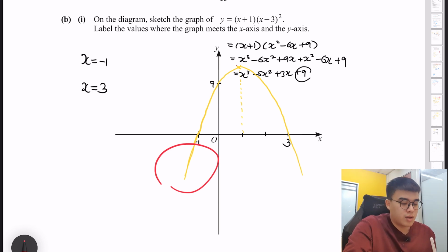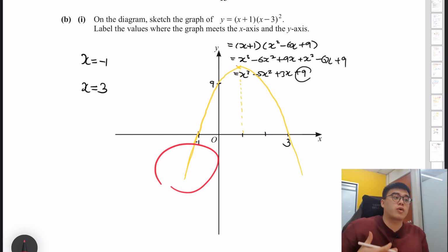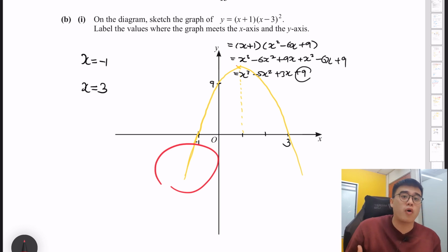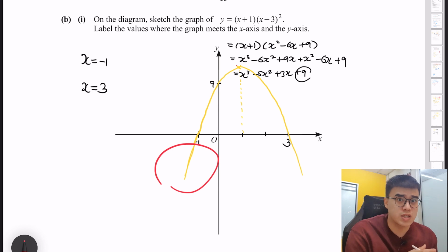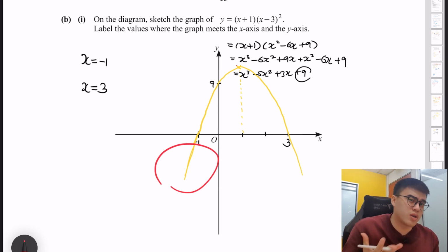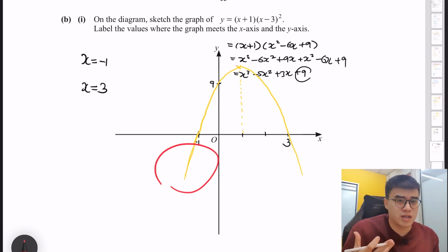You can actually get the exact coordinates, but it is not required here. So I won't be finding it unless they mention what's the turning point. Then I will differentiate the brackets over there. But this is actually A-math syllabus, so they do not expect you to find the exact turning point coordinates.